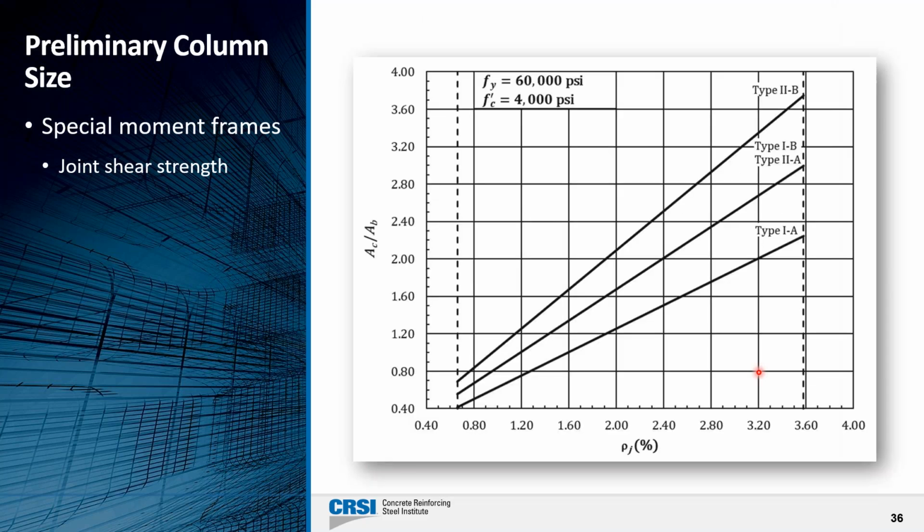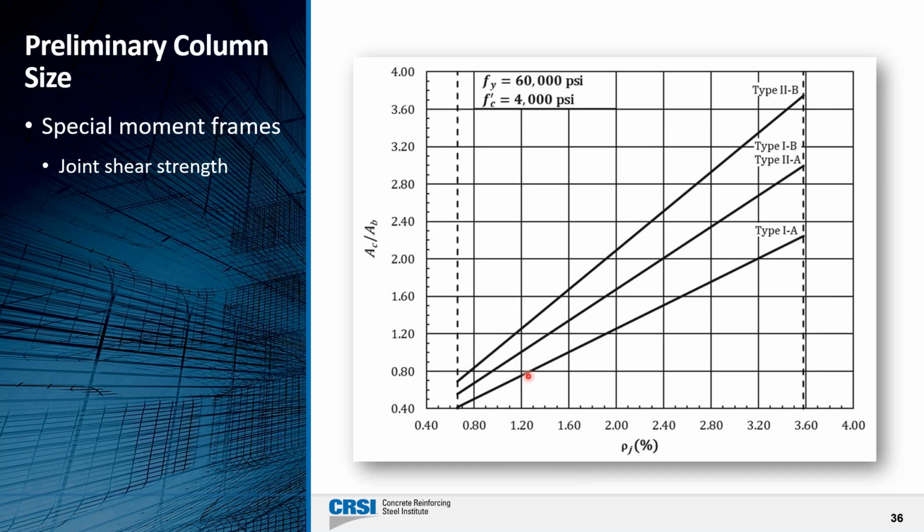We came up with a number of different charts that, depending on how much longitudinal reinforcement is going through the beams, which, as we know, is what's driving the shear force in that joint, show what the ratio of the column area to the beam area needs to be for different compressive strengths of concrete at different yield strengths.